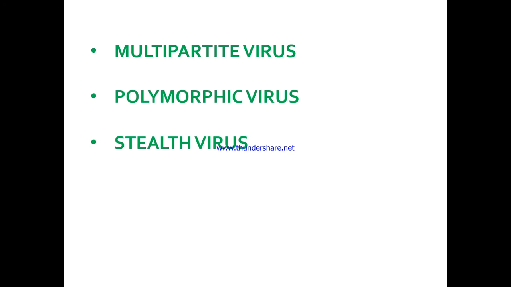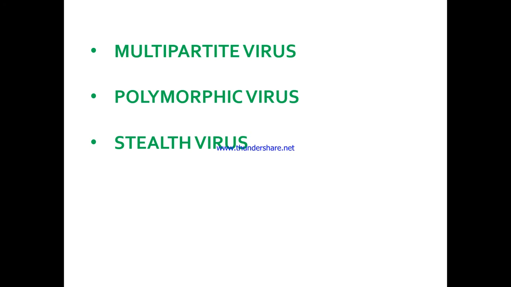And next is your stealth virus. Stealth virus uses techniques so that the user or antivirus cannot detect it. Stealth viruses are those that steal some data from your computer.